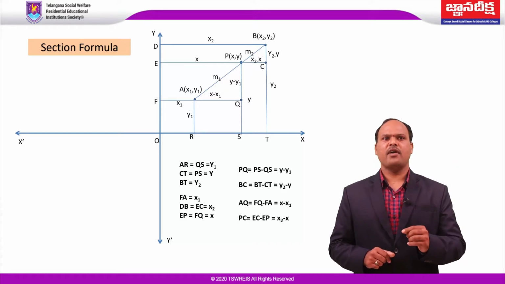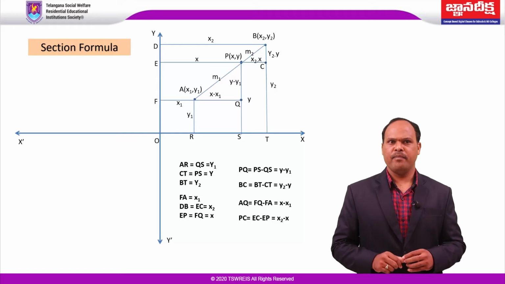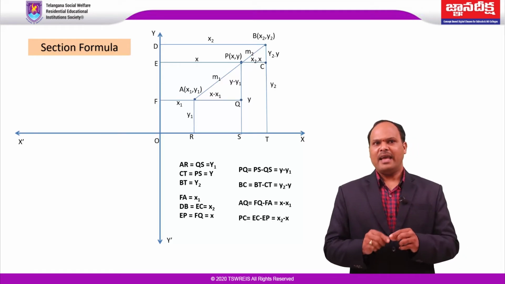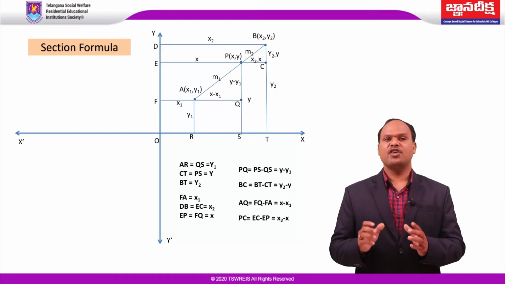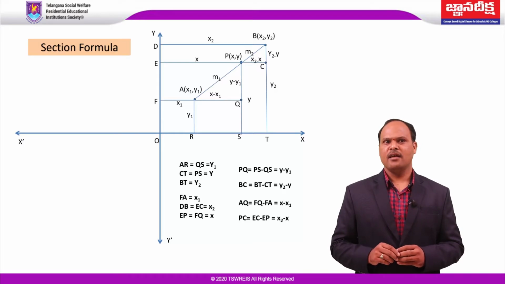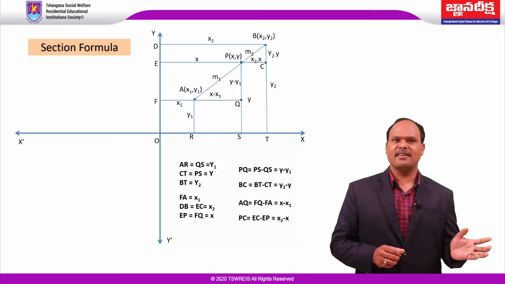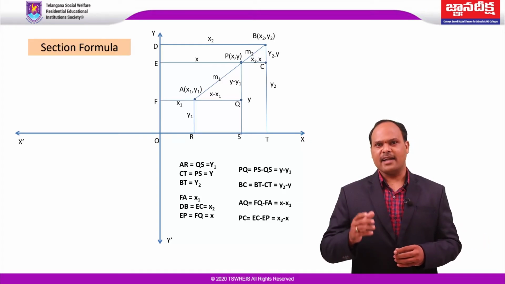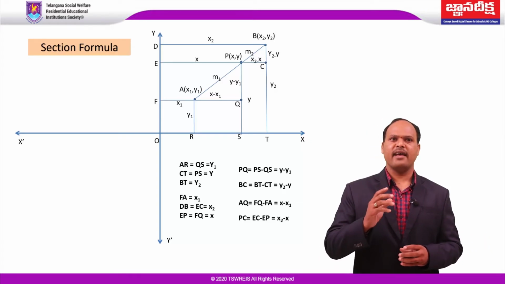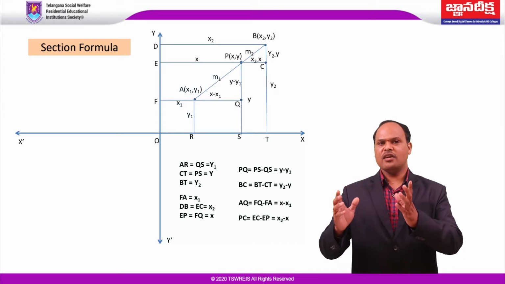Those are AF, PE and BD. Now draw AQ and PC, which are parallel to the x-axis. We discussed earlier that the distance from the x-axis is known as the y-coordinate, and the distance from the y-axis is known as the x-coordinate. Now observe the diagram.